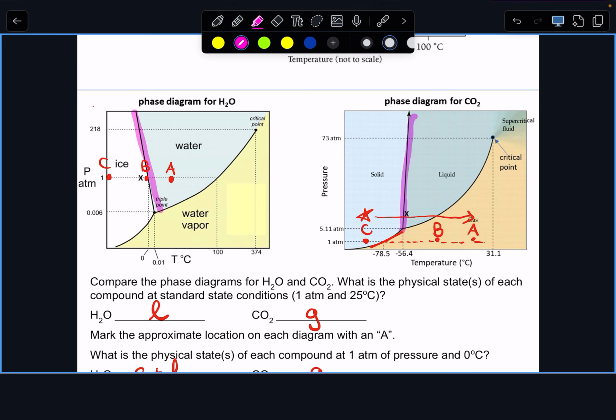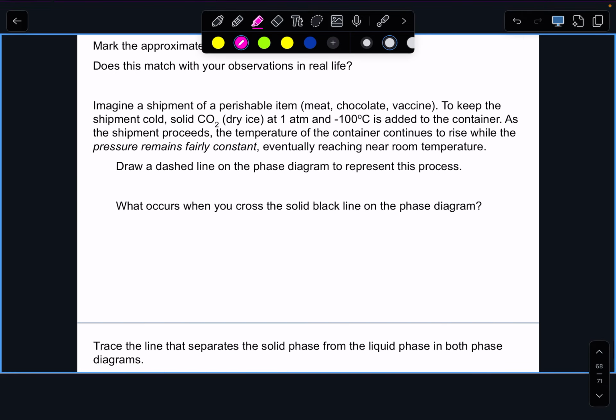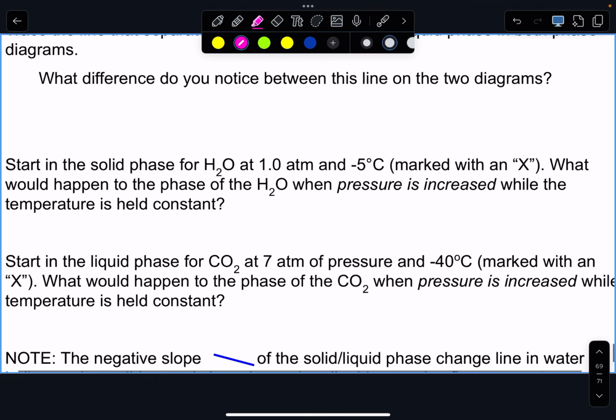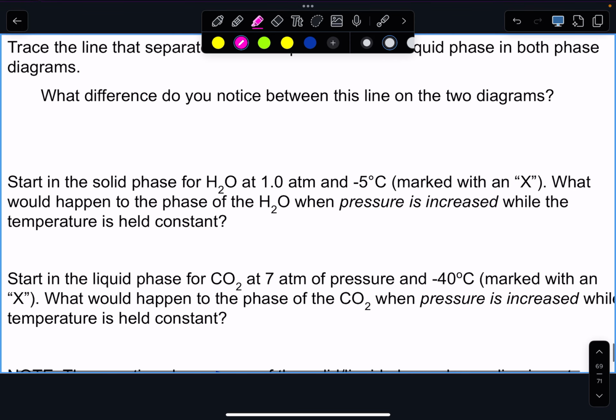Whereas CO2 has a positive slope. It's very slightly positive, but it is positive. So we're going to do a couple little problems that will tell us something about what that implies about the substance. These 2 questions here, work through those.